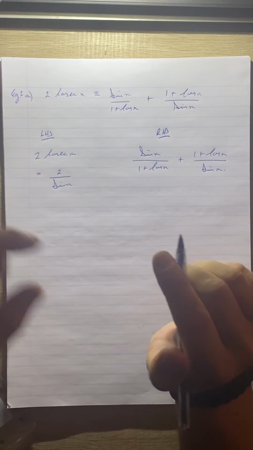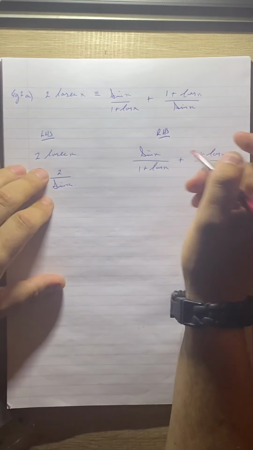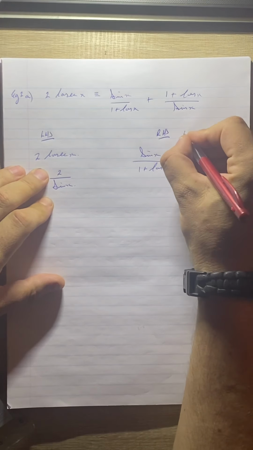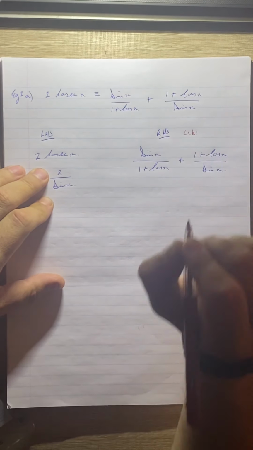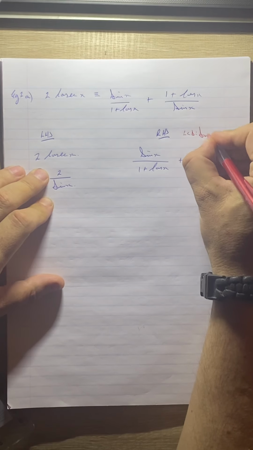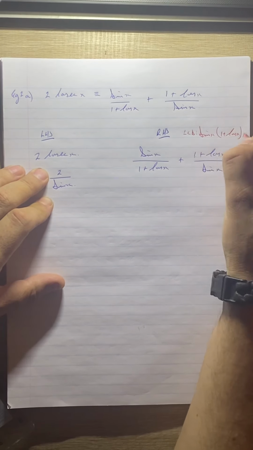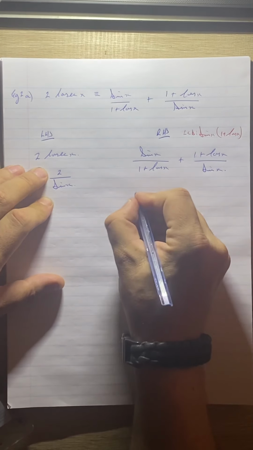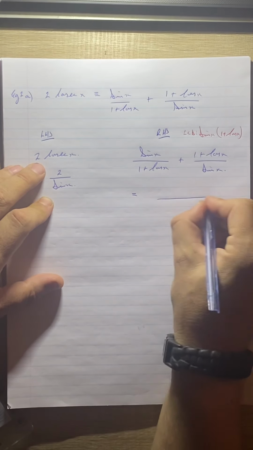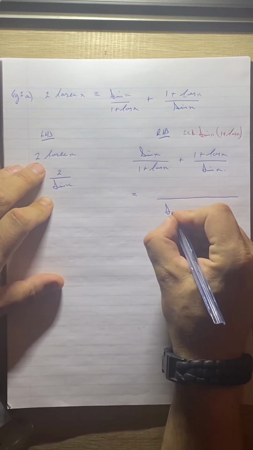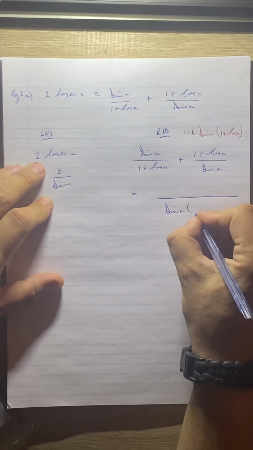So we're going to use an LCD, and our LCD in this case is, I'm just going to put it on the side here, sine x times 1 plus cos x. Okay, so this whole thing is going to be over sine x 1 plus cos x.